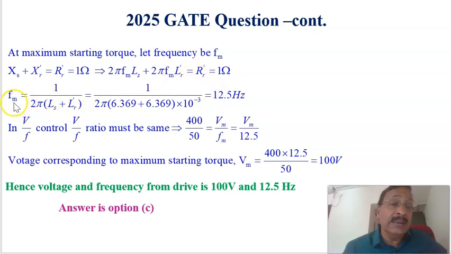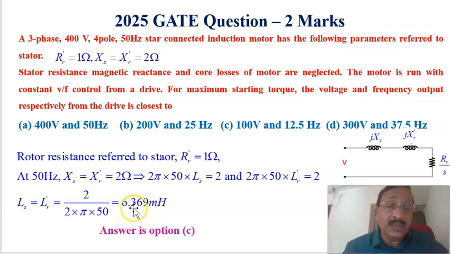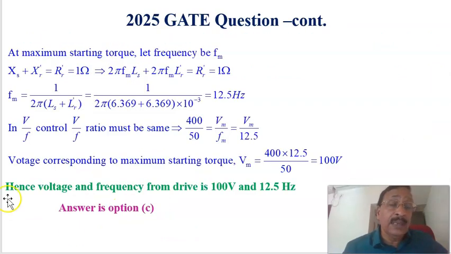From this equation, Fm can be calculated as 1 by 2 pi into the sum of LS and LR dash, where each is 6.369 millihenry. Substituting that here, we get 12.5 hertz. So the frequency required to get the maximum starting torque is 12.5 hertz.